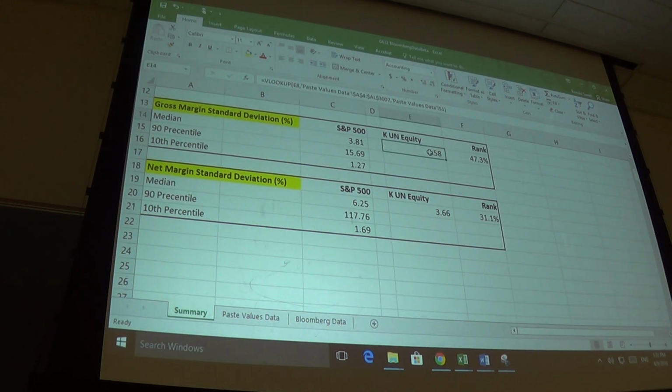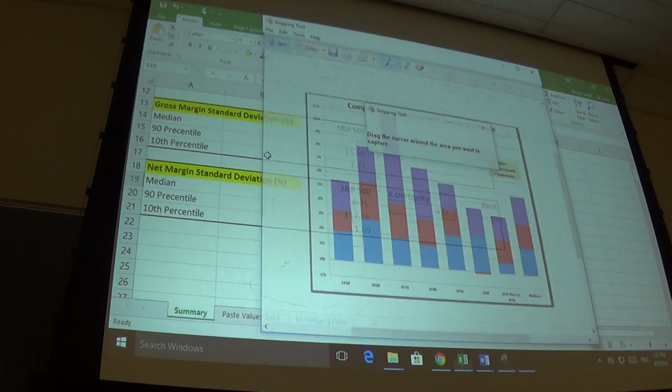So we look at the gross margin. It's slightly lower volatility than the S&P. So the S&P's gross margin has a standard deviation of about 3.81%. Kellogg's is 3.58, so slightly below average. Their net margin, they're actually somewhat more stable than the market. So that argues for a lower beta. So you can certainly bring that in.